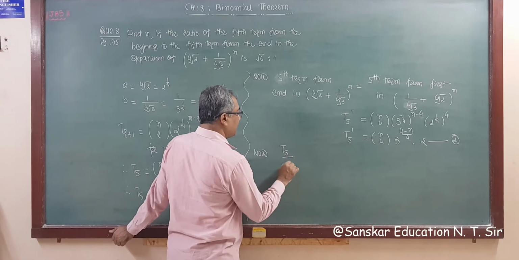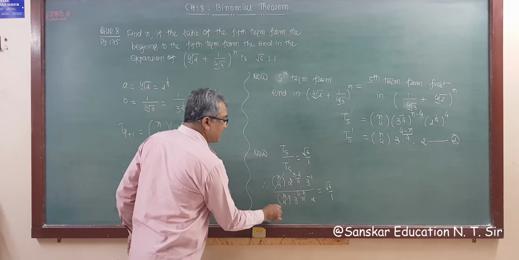Now T5 is this, so this is nC4 into 2 raised to (n minus 4) divided by 4 into 3 raised to minus 1, whole upon T dash 5, which is nC4 into 3 raised to (4 minus n) divided by 4 into 2, is equal to root 6 is to 1 given, right? So this will be cut.